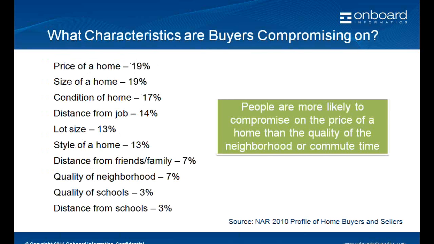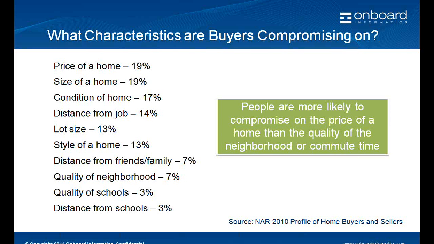So what characteristics are buyers compromising on? This comes from the NAR 2010 profile of home buyers and sellers. And I think it's a great question, because we talk about what people are compromising on when they're looking for a home.